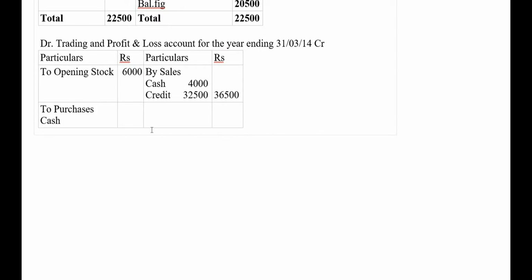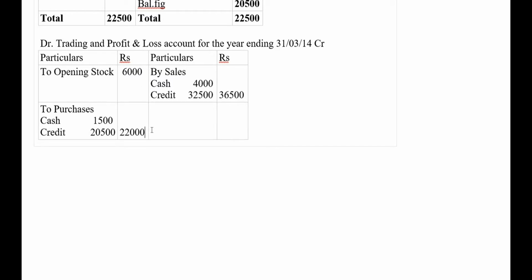Cash purchases are given as rupees 1,500. Then credit rupees 20,500. So the sum of this will be 22,000. Then closing stock.